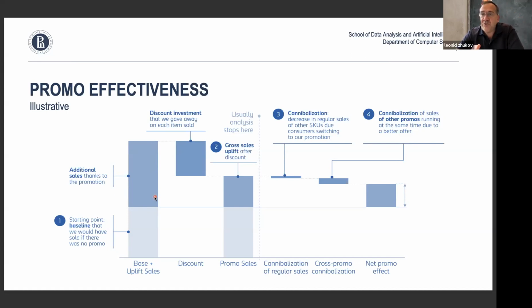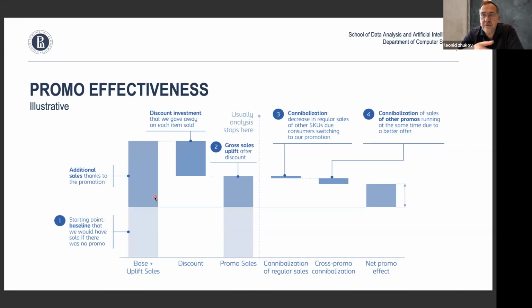So you do this type of analysis. Then you also look at price elasticity of demand: if we drop the price by that amount, how much more demand do we get? And you can actually calculate this.